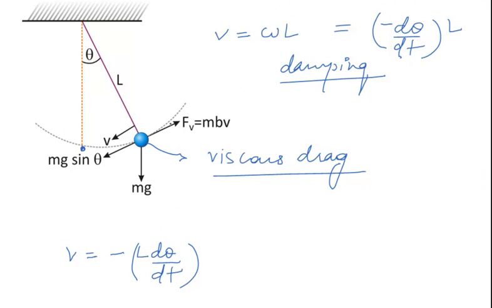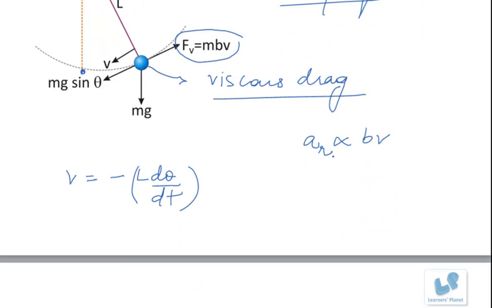Second is, it is given that the viscous force is directly proportional to the velocity, where the constant of proportionality is b. So retardation a_R will be equal to bv. Okay, that is proportional to v.